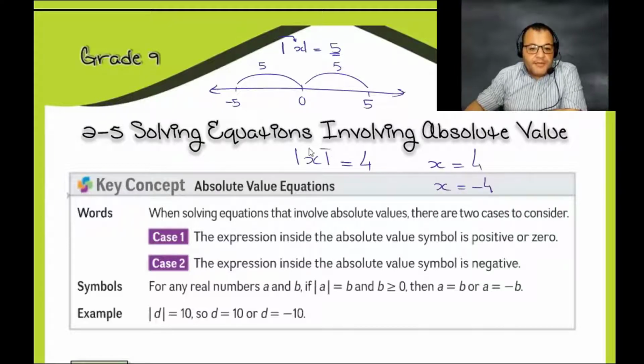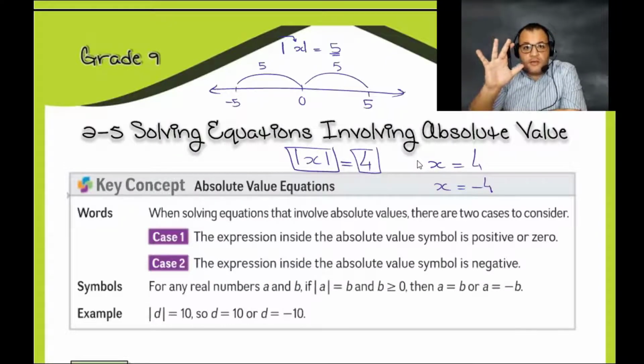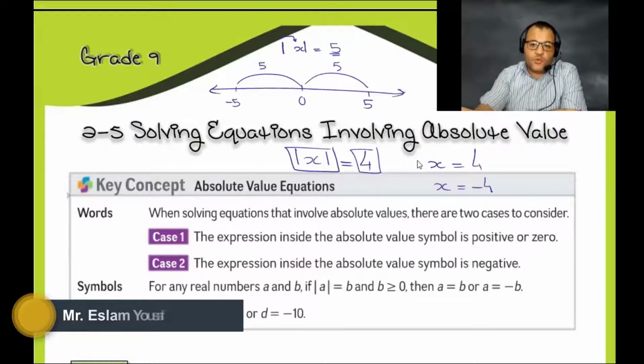So when I say the absolute value of any number equals 4, it means... which page? The book number? I don't know the book. I'm not using the book. That is the fifth week, it means we passed one month, and that is the first week of the second book. I'm not using the book, wallah.